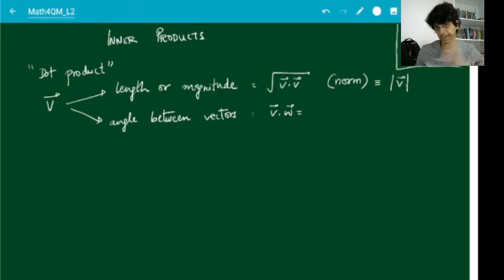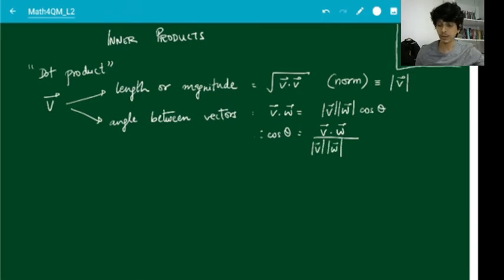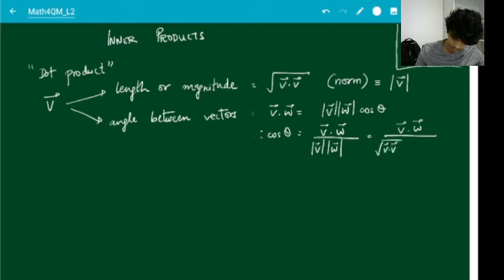So you can find this angle as the dot product divided by the lengths of the two vectors, and we already know how to calculate the length in terms of the dot product. So in terms of the dot product, you get the angle between any two vectors.